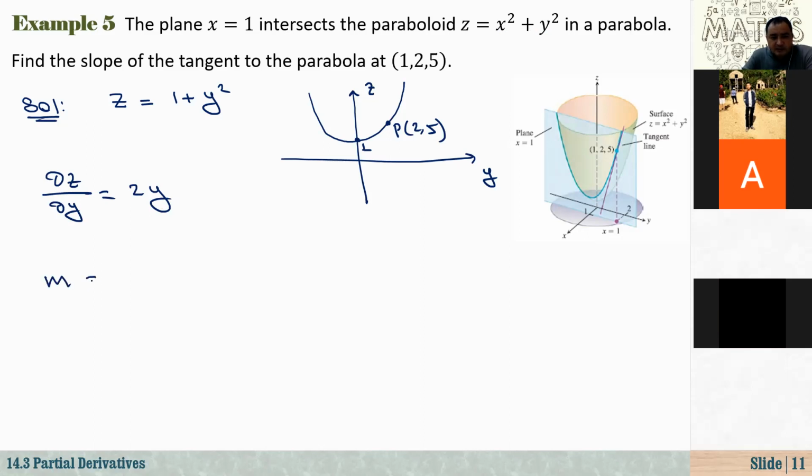That m is equal to del z over del y at y equals 2, which is 2 times 2, that's equal to 4. So the slope of the tangent to the parabola at the given point 1, 2, 5 is 4.